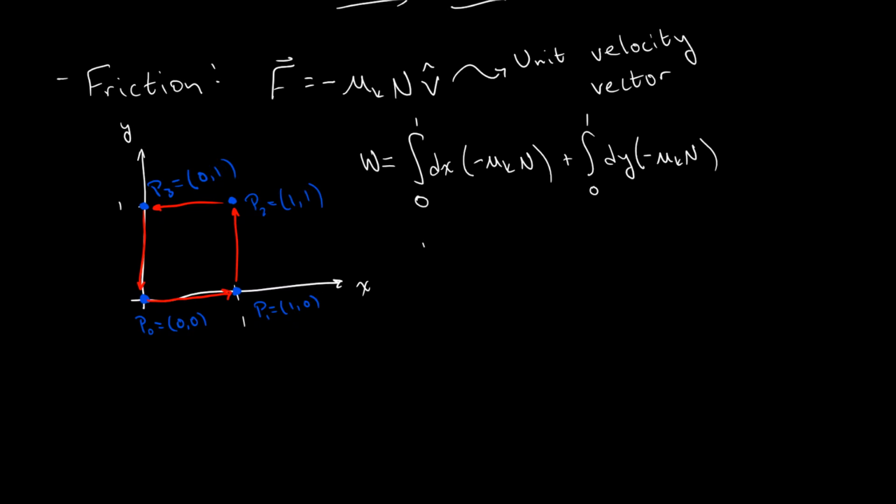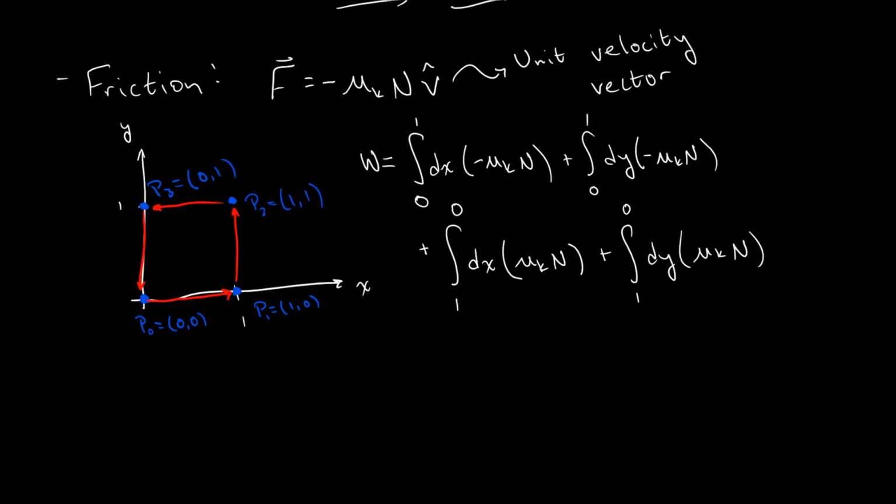Okay, and then I go from 1 to 0 in the x direction, but now I'm moving in the negative x direction, so my force actually flips sign. So this is going to be positive mu N. And then I get something similar for the last path, dy, with a plus, because I'm going in the negative y direction, and so the force is directed in the positive y direction.